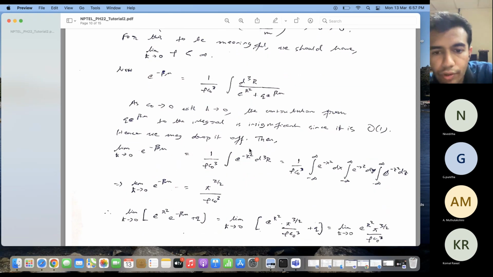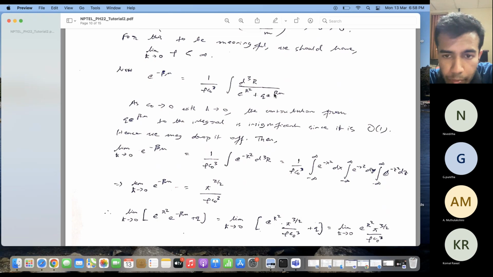Now, if you look at this expression over here, and if you say that c goes to 0 as h tends to 0, then you will find that this quantity becomes very large. And when this becomes very large, then the contribution from this quantity over here is almost negligible, that is insignificant compared to the rest of it.